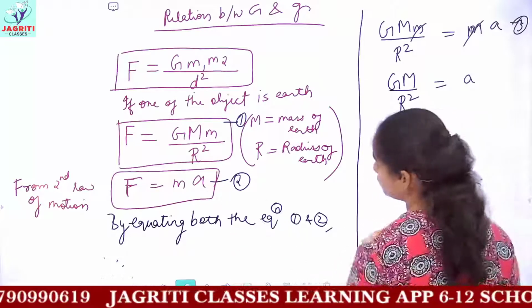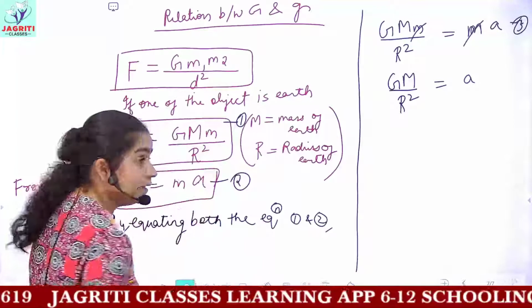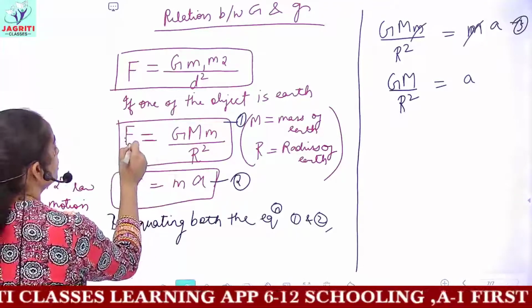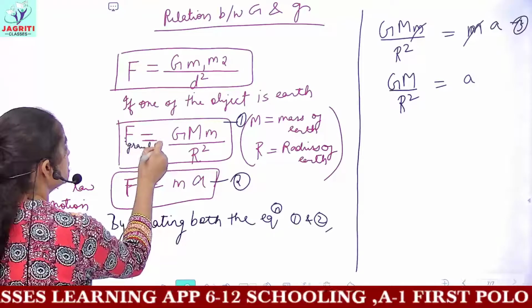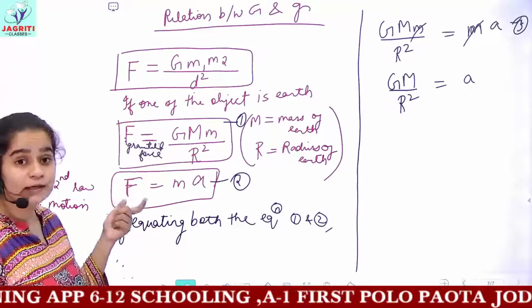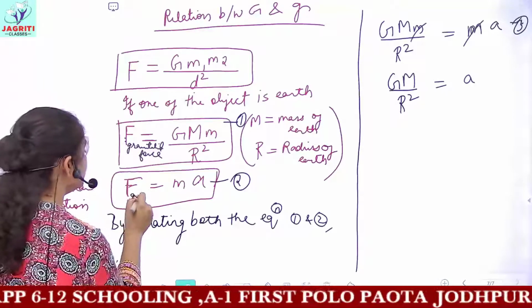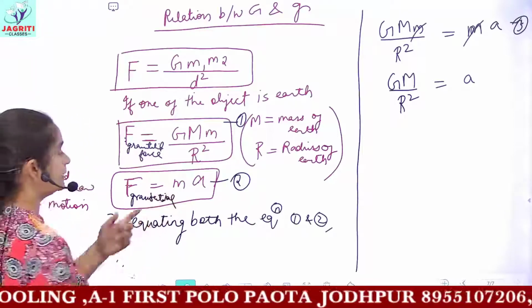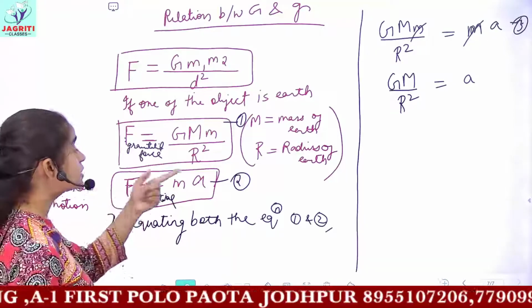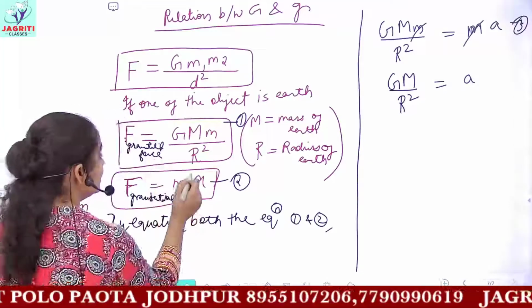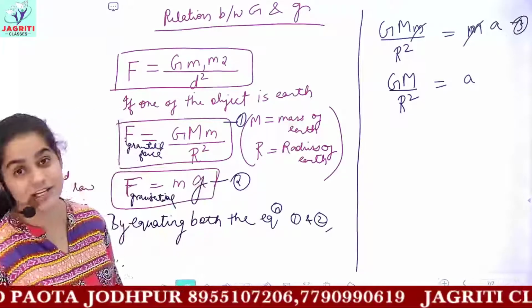And here actually we will not be using the term a, because we are calculating gravitational force. This is gravitational force, and hence we need to find the magnitude of gravitational force only. When gravity or gravitational force is applied, the acceleration is called g, small g.